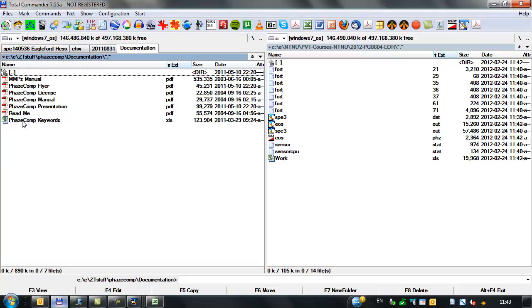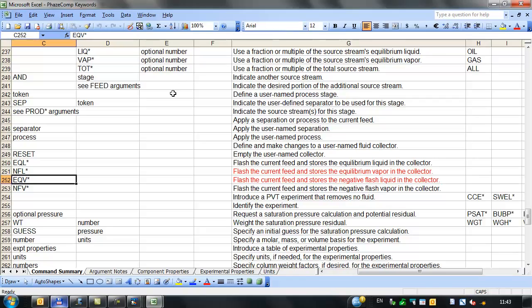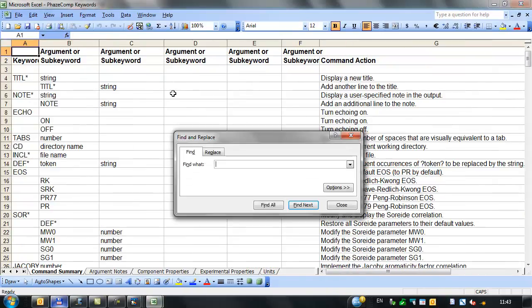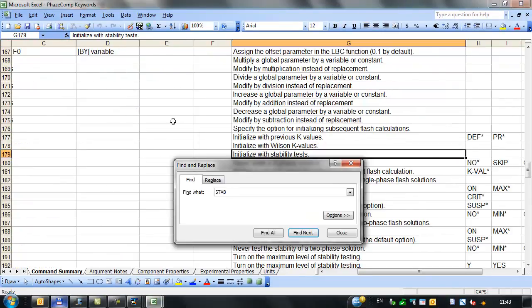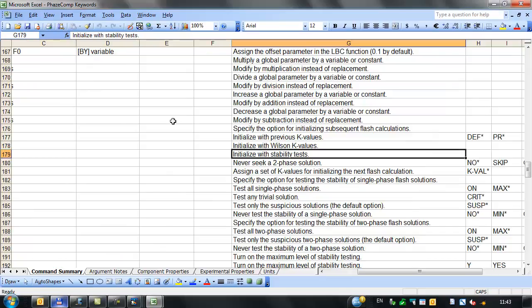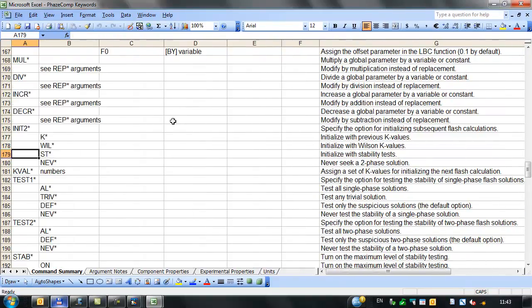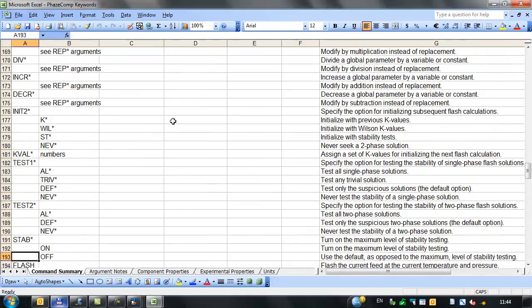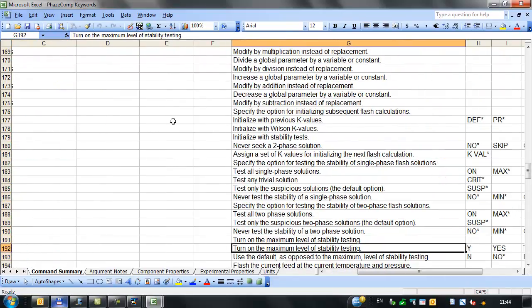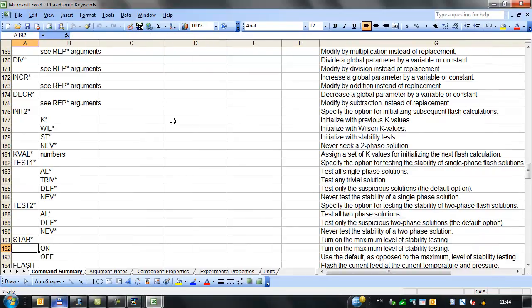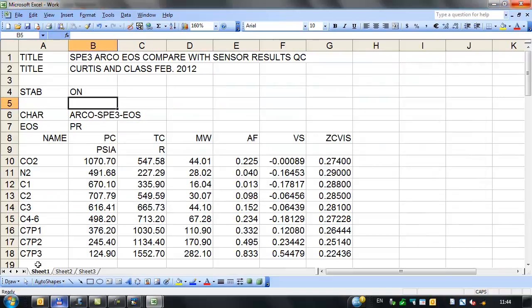Let's see here. Initialize stability. Here it is, stability on. So that means it'll never accept a negative flash. So I think stability on is the keyword.